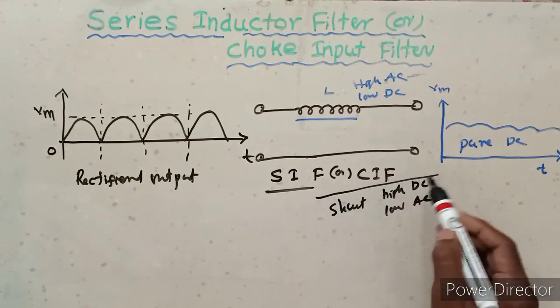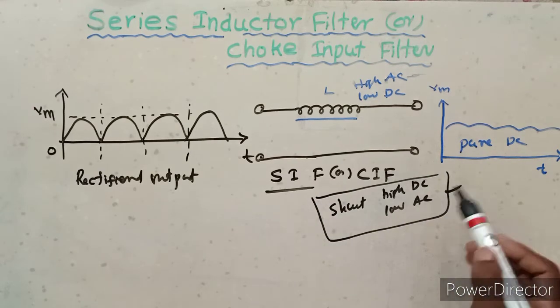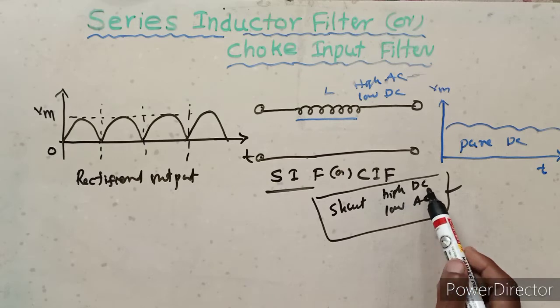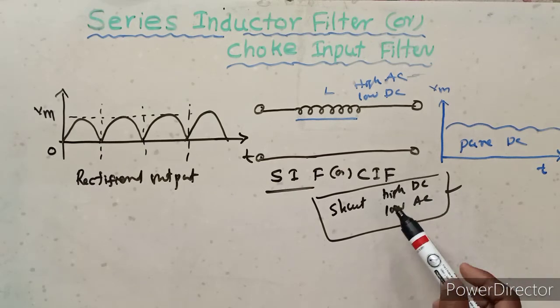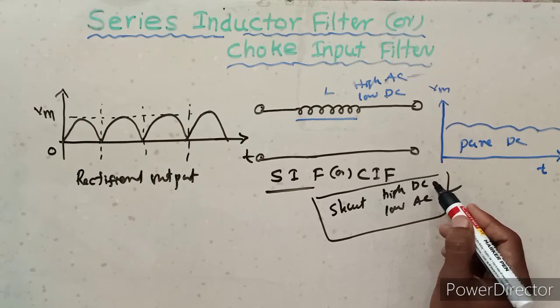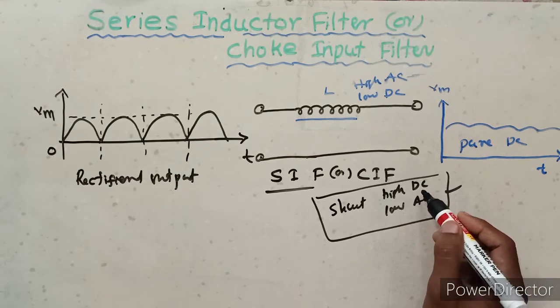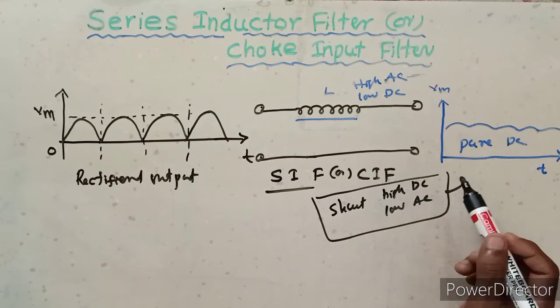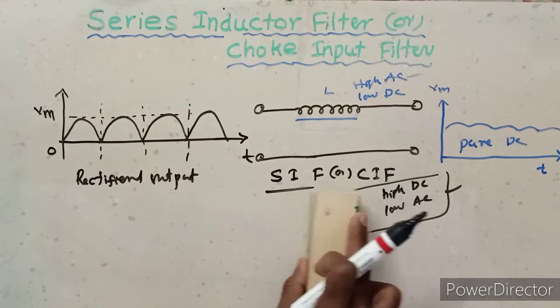So in that shunt filter, DC is mostly blocked. That means only small DC components come out.